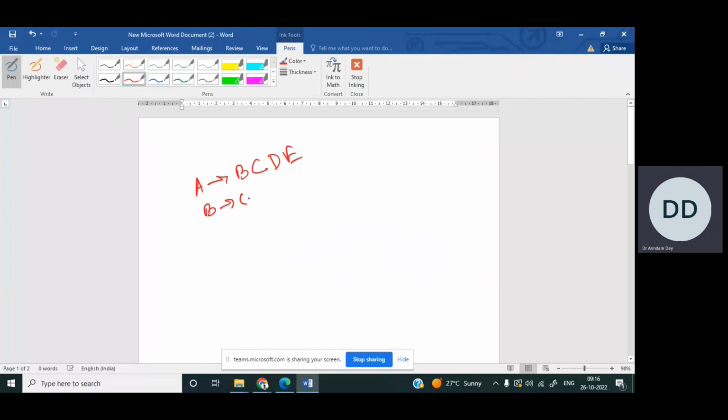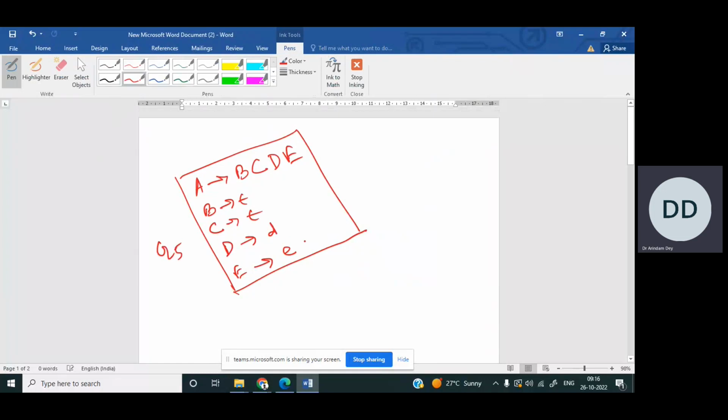Let B be generating epsilon, C generating epsilon, capital D generating small d, and capital E generating small e. This is the grammar that I am having, I am terming it G5.